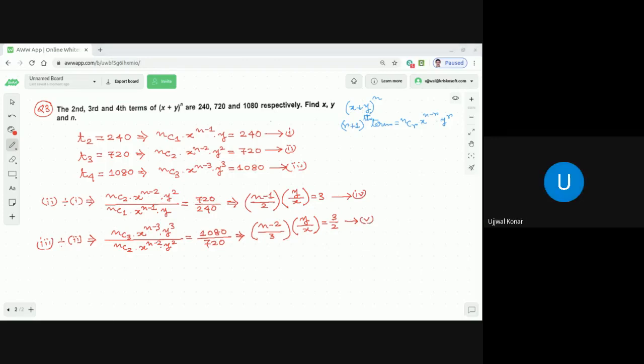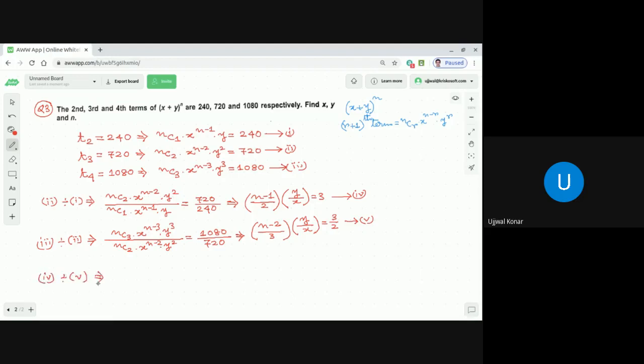So now what we are going to do is equation 4 divided by equation 5, both sides.